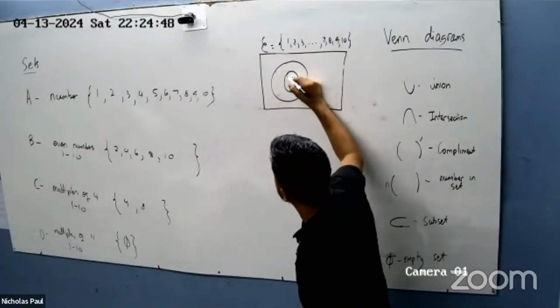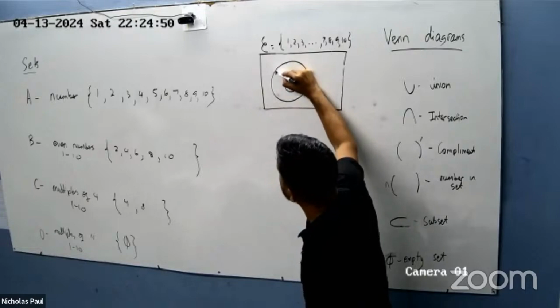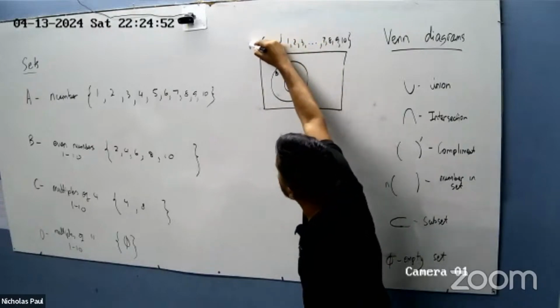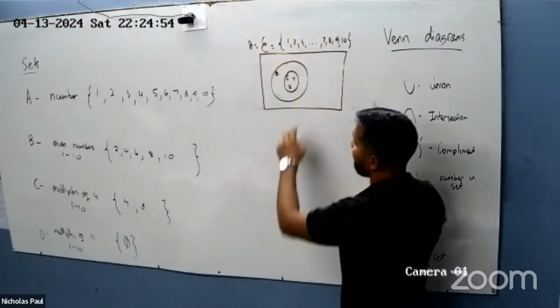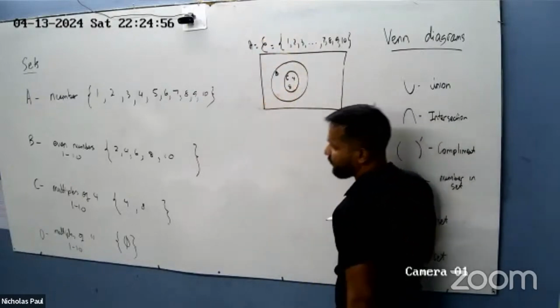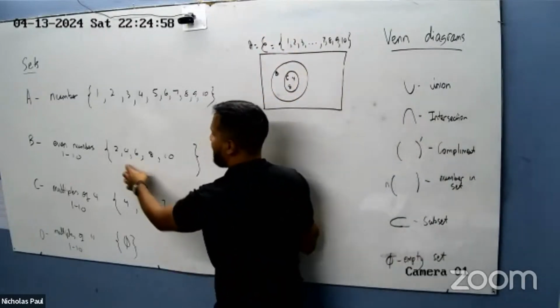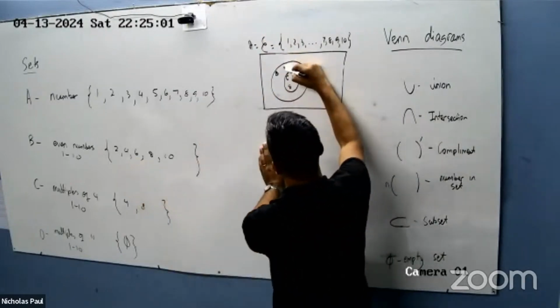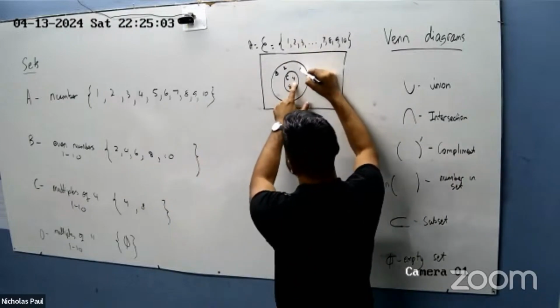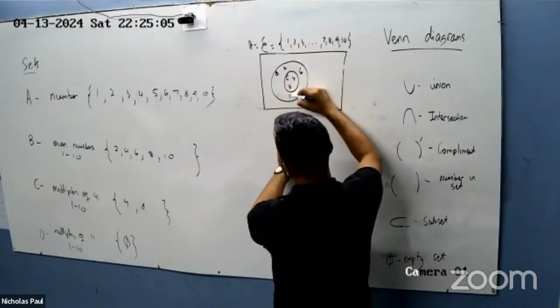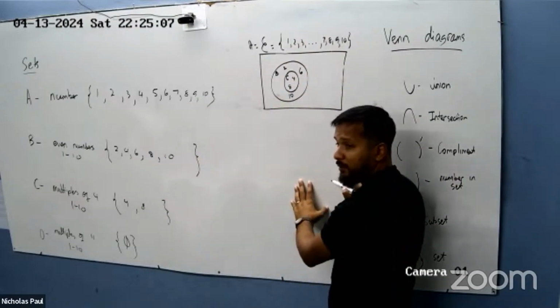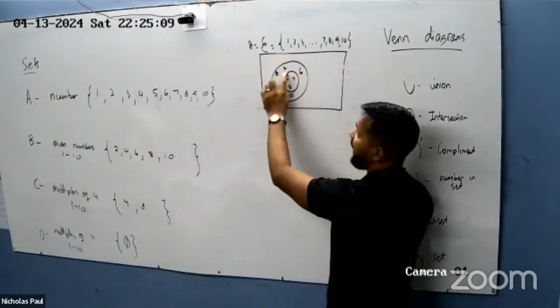This is C and this is B. A is here. Everything in C belongs to B. And B is 2, we already have 4, 6, we already have 8, 10. So everything in here is B, everything in here is C.